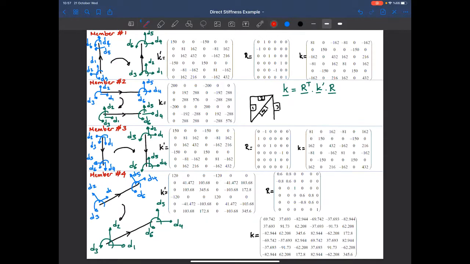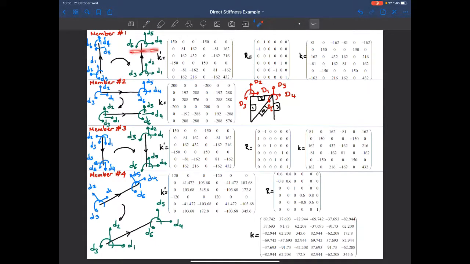And our structural degrees of freedom are as follows. D1, D2, D3, D4, D5, and D6.